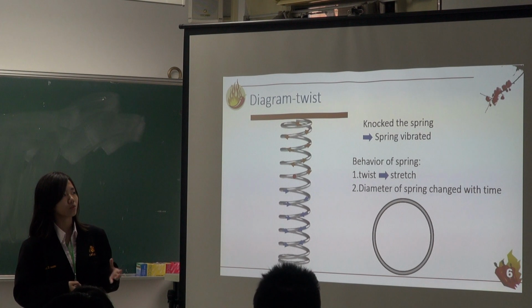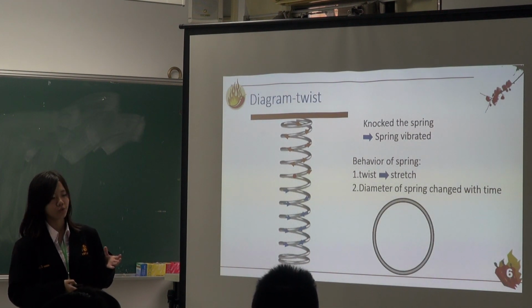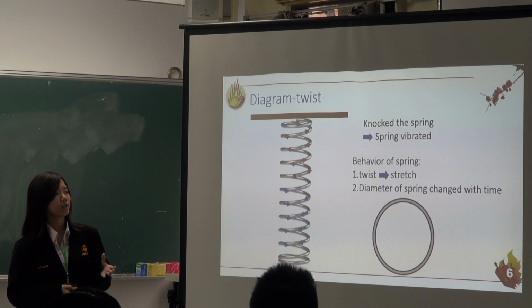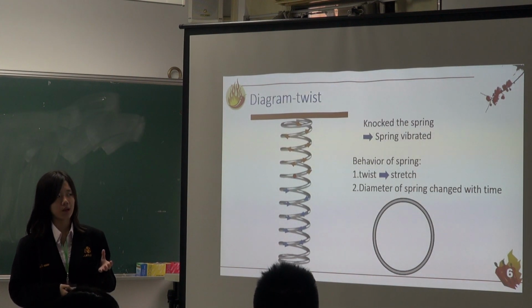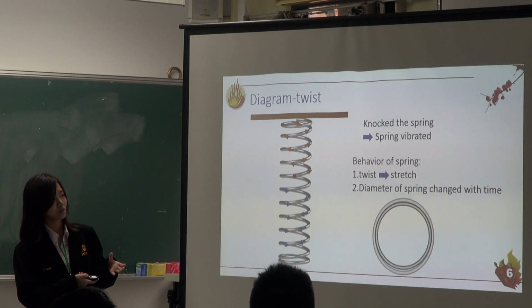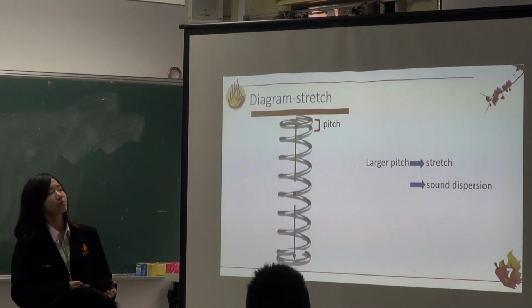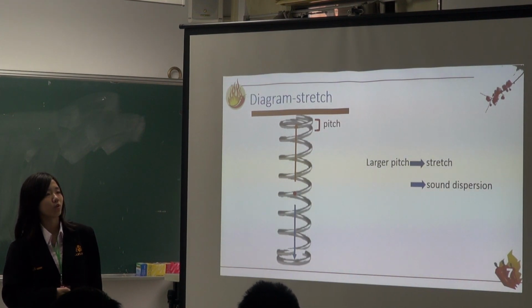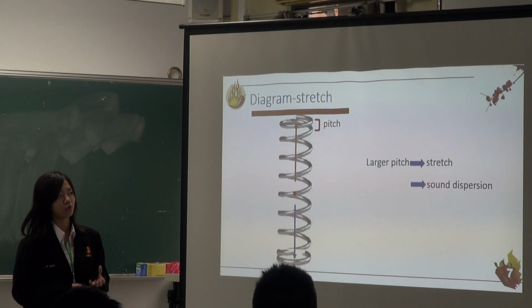The behavior of the spring: first, it will twist, and then the twisting will cause the spring to stretch. Second, the diameter of the spring will change with time, but only a little, not very much, just like this. And then this stretch means each pitch will be larger, and I define it as stretch.